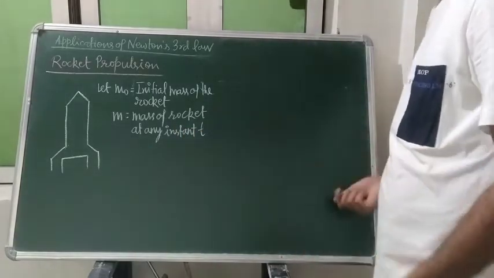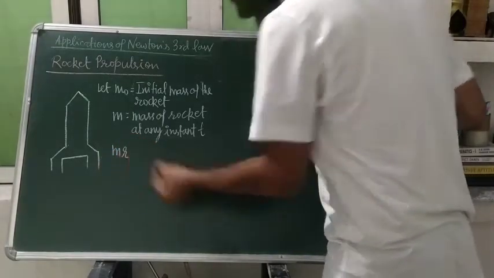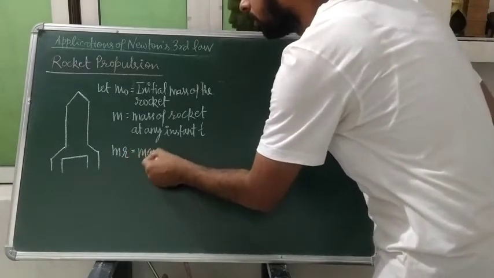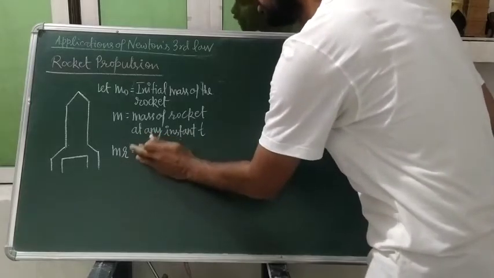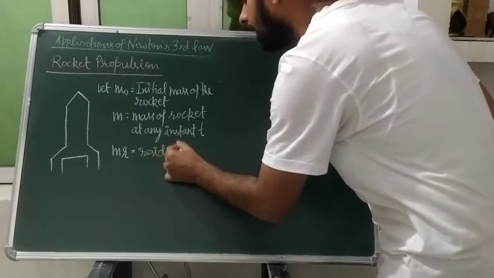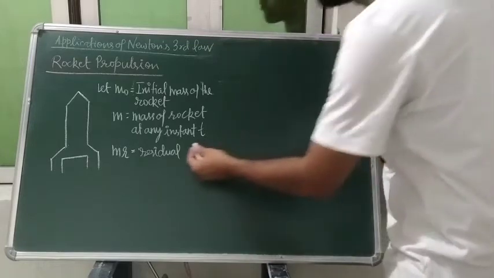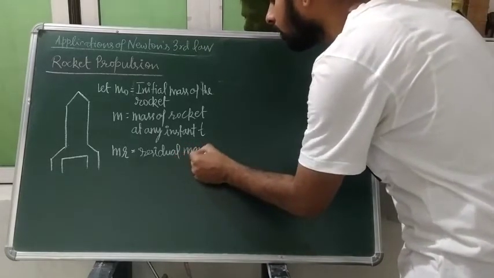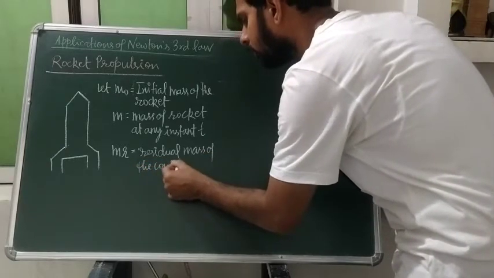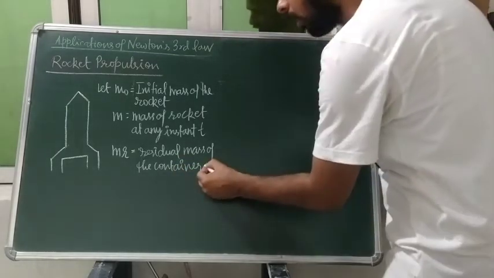So at any instant t, what is the mass of the rocket? Small m. And small mr is representing, students, not mass, residual mass. What is residue? That which has been left, residue as in chemistry. So residual mass of the container, the residual mass of the container of the rocket.